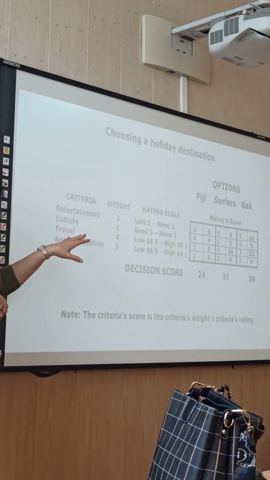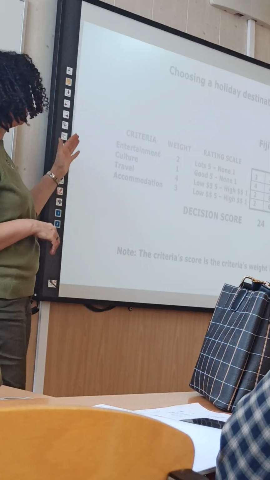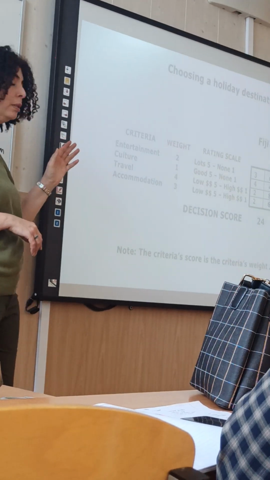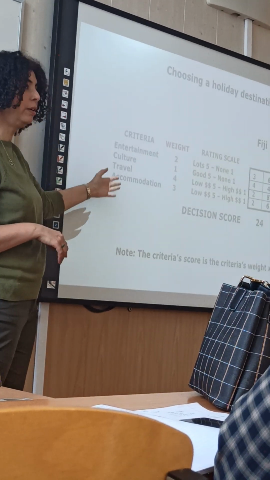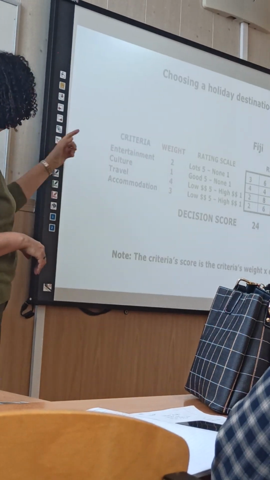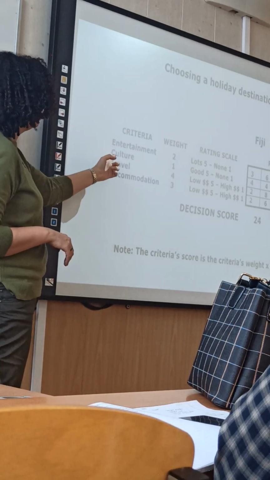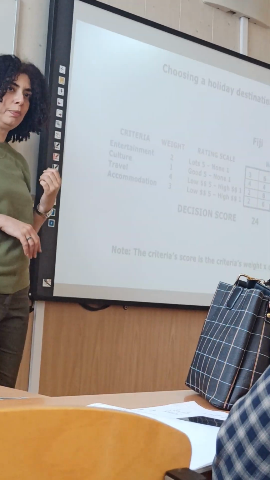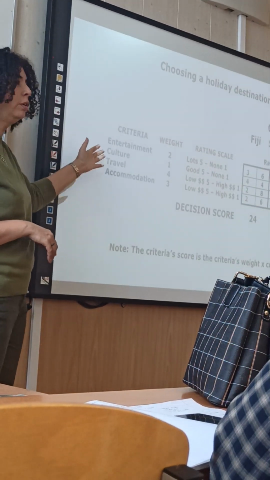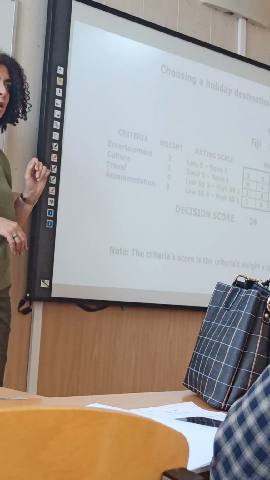Remember, this tool is called decision matrix, so it helps us make a decision. So if we want to agree, all of us, we need to identify the criteria first, and here are the criteria I chose. So entertainment means fun activities. Culture, that's the monuments and the museums. Travel is the cost of the flight tickets, and accommodation is the cost of the hotel room.